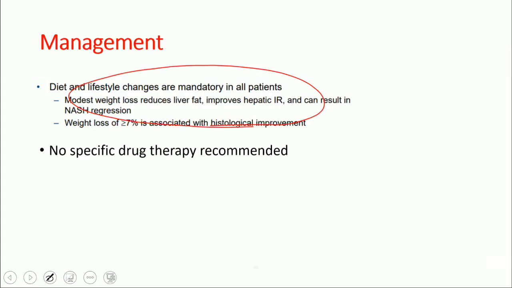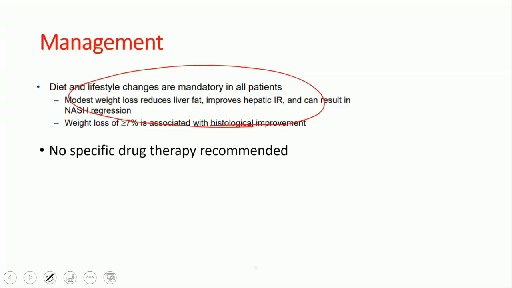Now there are many drugs which have been tried in NASH, but none of them have been shown to have a very significant benefit. But if somebody asks you what the drugs are, metformin has been tried, vitamin E has been tried, and some of these newer diabetic drugs like the GLP-1 agonists people are also looking at. So there is no really good drug.